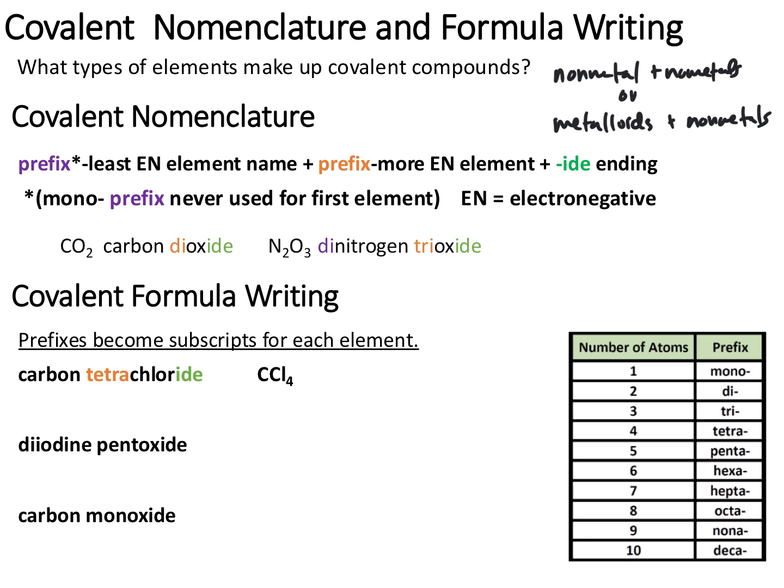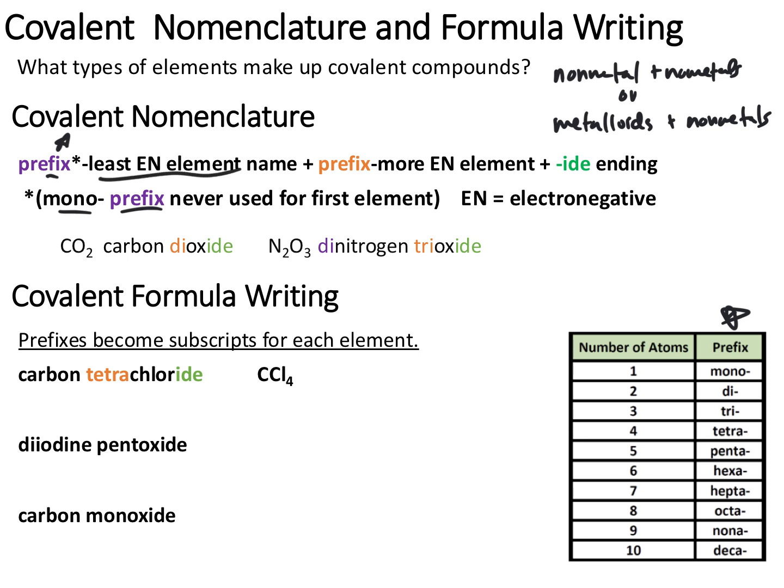Okay, and the basic format, guys, you're going to start typically with a prefix. The first element, you're going to tell me how many of that element you have by utilizing the prefix. The prefixes that you need to get familiar with can be seen over here. Now, as a quick note, the prefix mono is never used on this first element. Again, it's inferred. Typically the least electronegative element, its full name, is going to be written next.